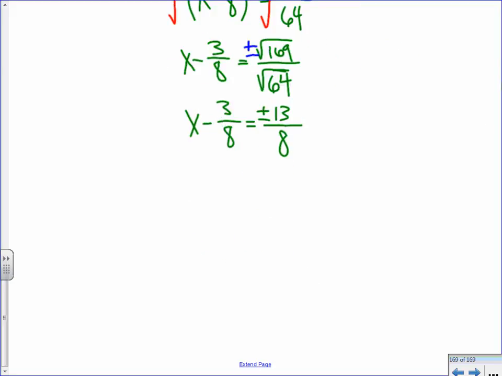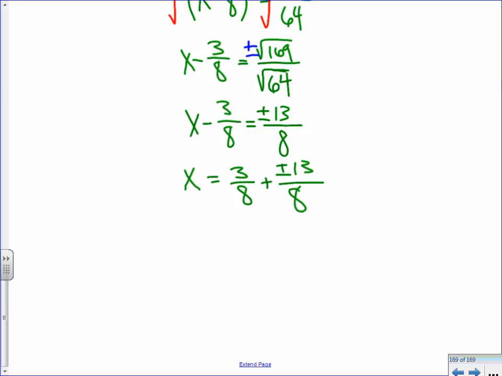So I've got x minus 3/8 equals plus or minus 13 over 8. Trying to get the x by itself, so let's go ahead and move the 3/8 to the other side, add it over. So I've got 3 over 8. I'm always going to put this term out front and leave my plus or minus thing later on. Plus positive or negative 13 over 8.